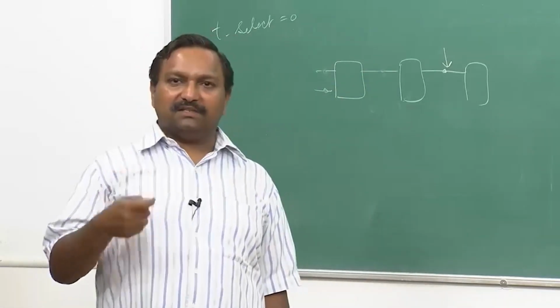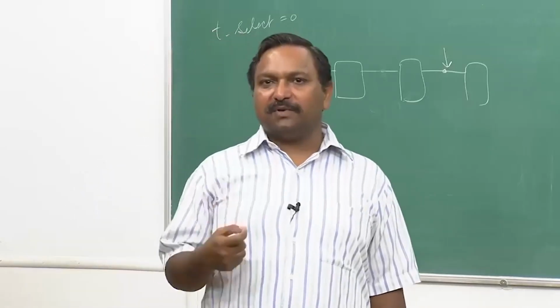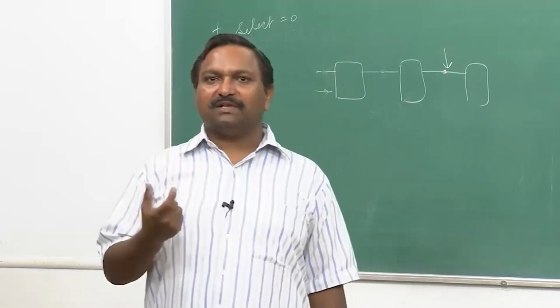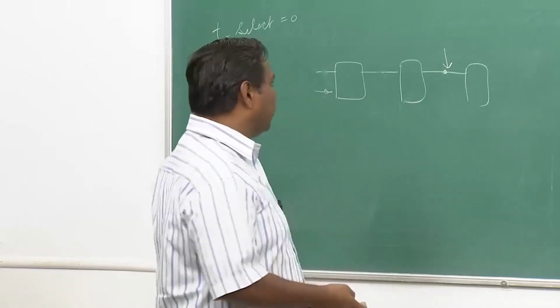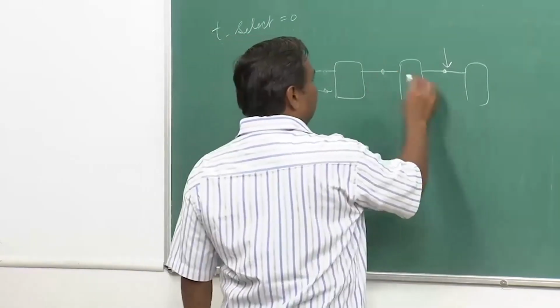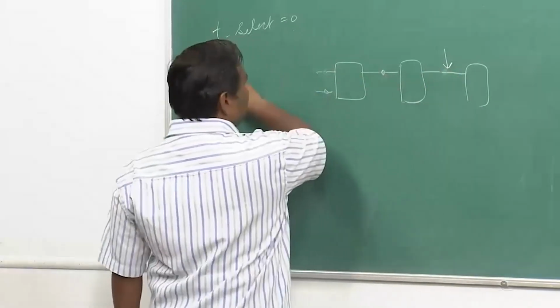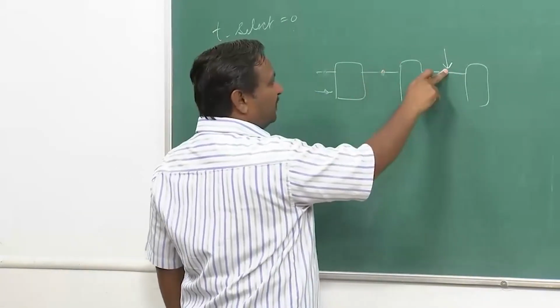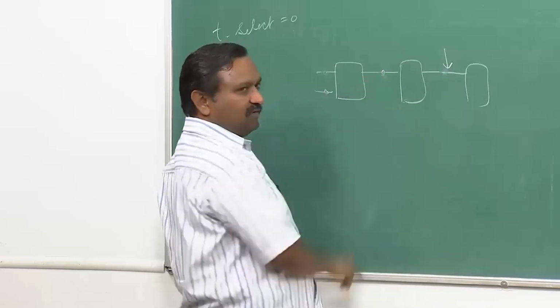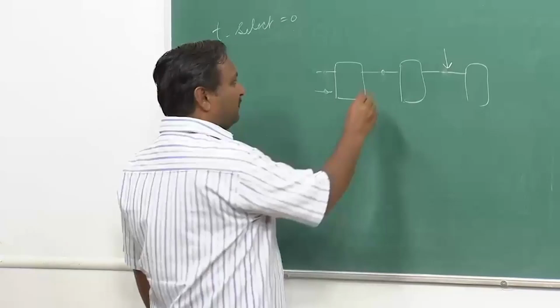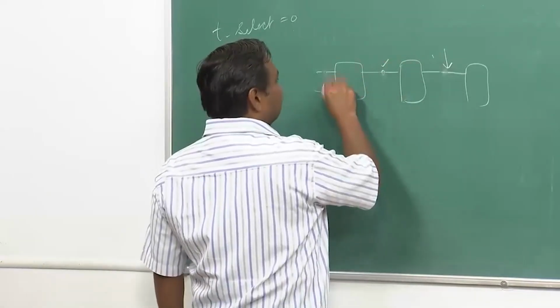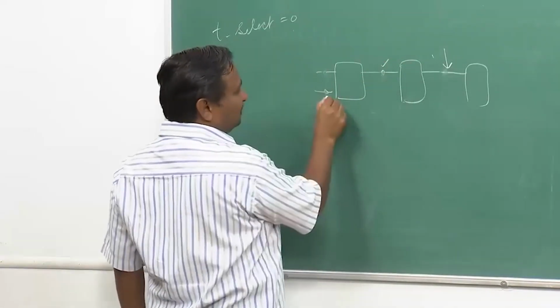Now, because of this, I need not split my one time slot into 3 separate steps. Earlier I was doing separate steps because if these 2 packets had been there when t pass was 0, this packet could have moved and this packet could also have moved. So I had fictitiously created 3 steps, whereby first this packet will be exiting, second the packet will be coming, and then the next will be happening.